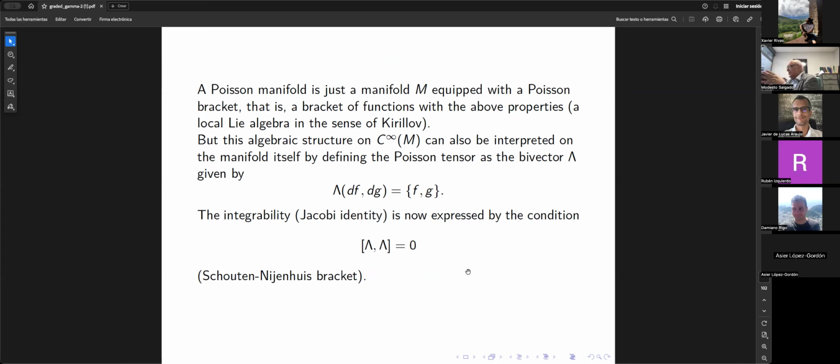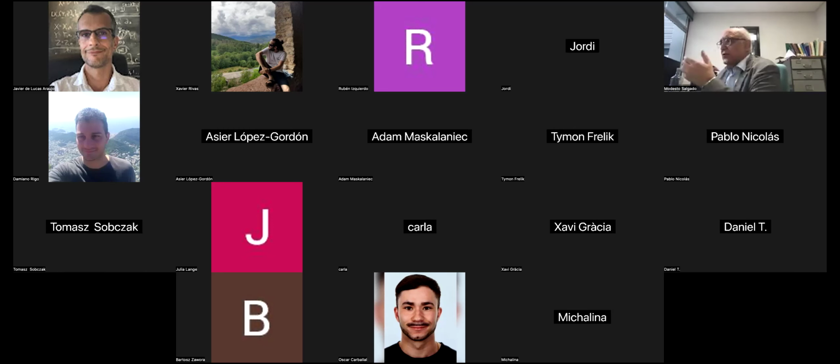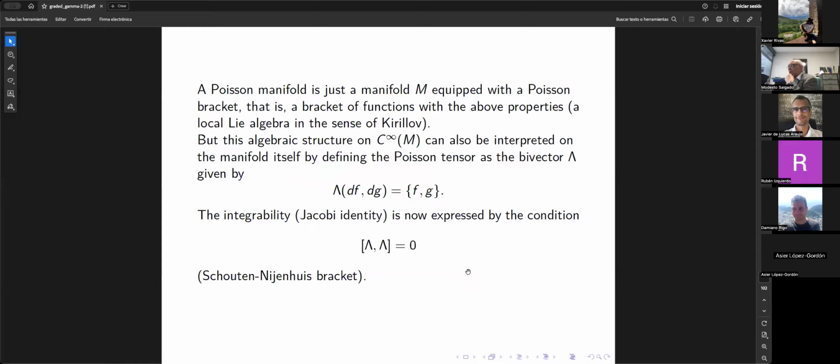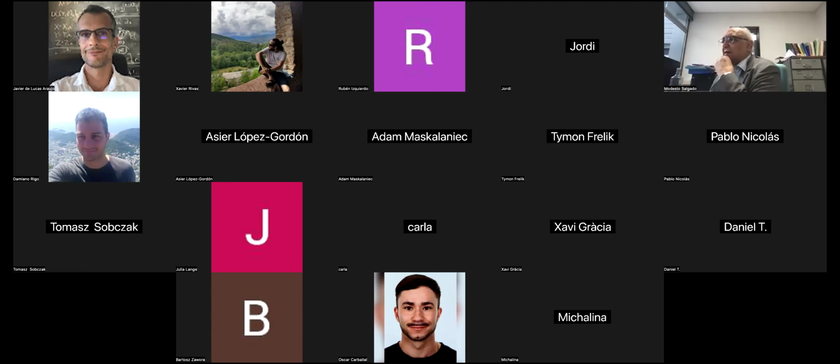But this algebraic structure on the algebra of functions can be interpreted as a geometric structure on the manifold. We can define the Poisson tensor as this bivector lambda. Just lambda of df, dg is the bracket of f and g, and we extend lambda to any pair of one-forms. And the integrability, the Jacobi identity, is now expressed by the vanishing of the Schouten-Nijenhuis bracket of lambda with itself.